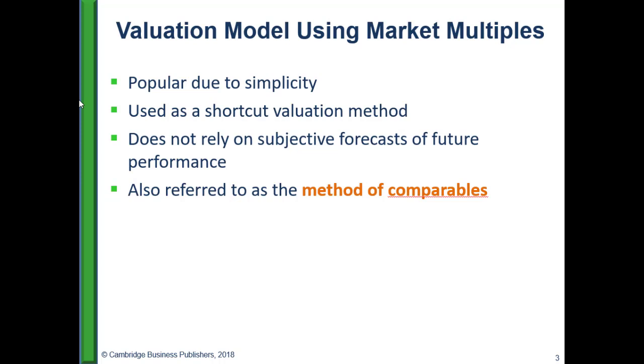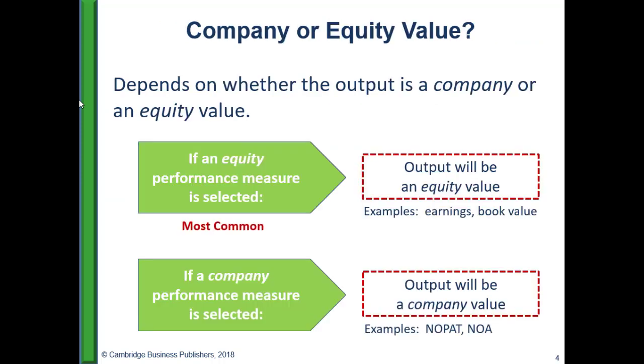It makes sense, and it's very simple, and pretty much everybody understands it. But there are so many shortcomings to it that you would not want to make investment decisions strictly based on market multiples. So the book goes into this.